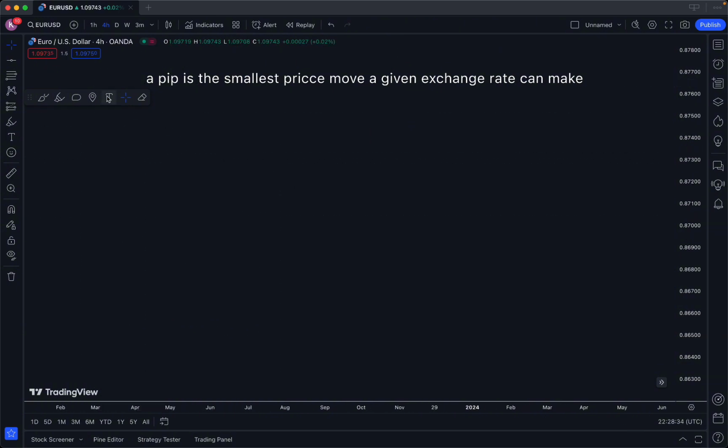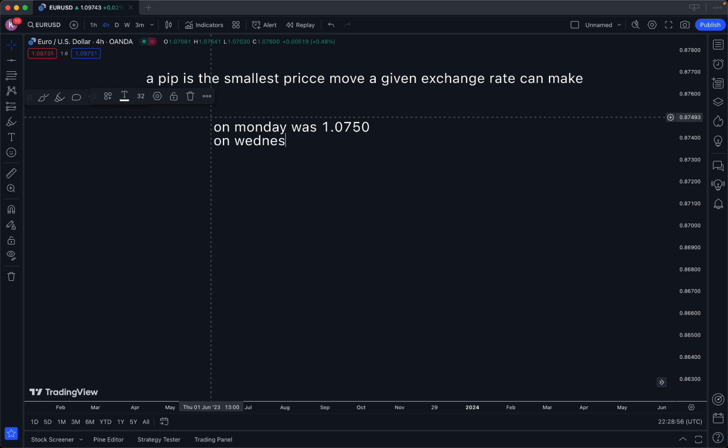So for a practical example, the Euro USD exchange rate on Monday was 1.0750, and on Wednesday the exchange rate is 1.0761.